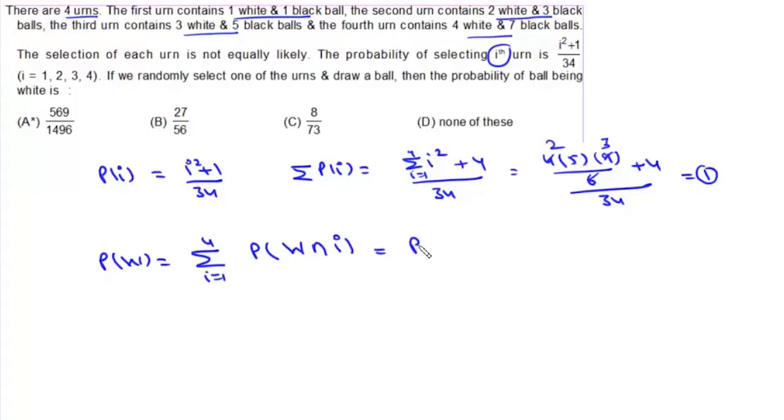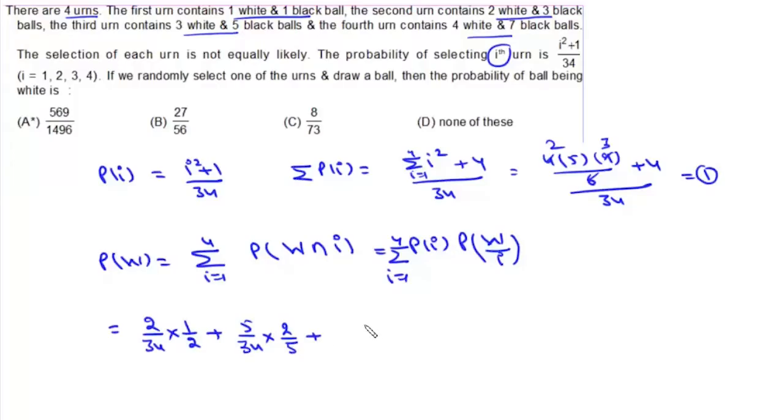Now we can write this as pi into P(W given i), where i varies from 1 to 4. When the value of i is 1, this probability is 2 by 34, and from the first urn the probability of getting a white ball is 1 by 2. For the second one, it'll be 4 plus 1, 5, 5 by 34, and the probability of getting white is 2 by 5.